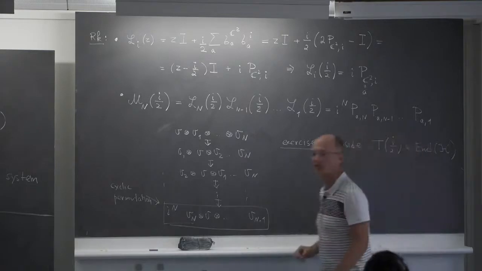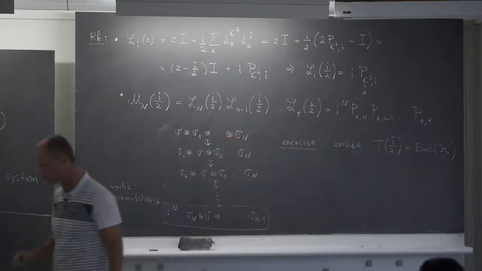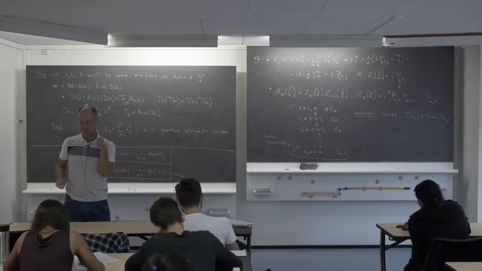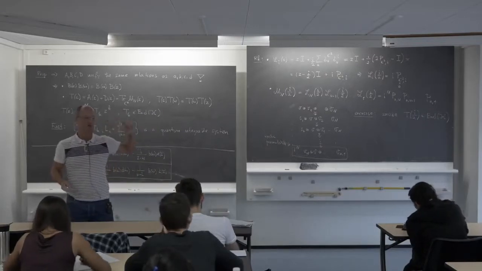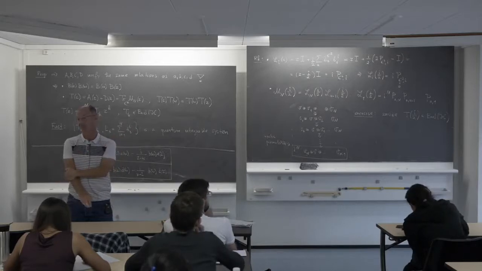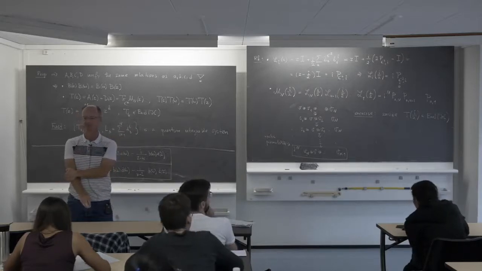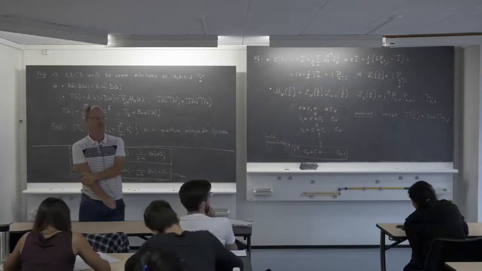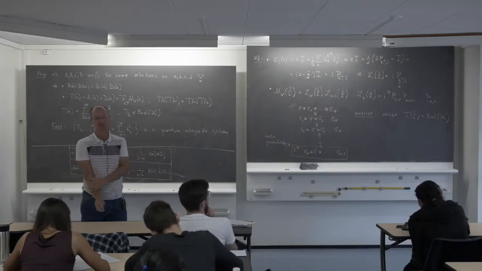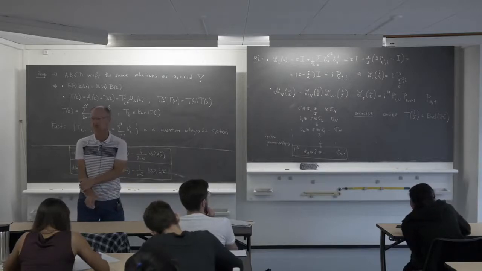That's now an endomorphism of H. Now, what's your guess? You have a cyclic permutation, and you take a trace of it over the first space. What are you going to get? What's your feeling? It's a kind of linear algebra question.